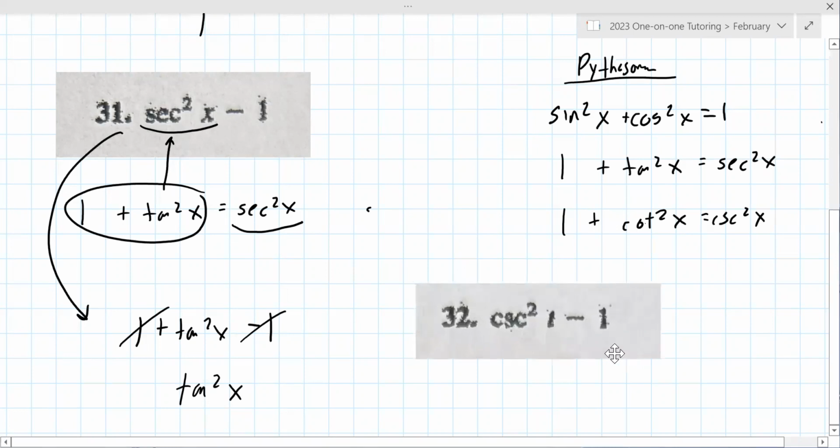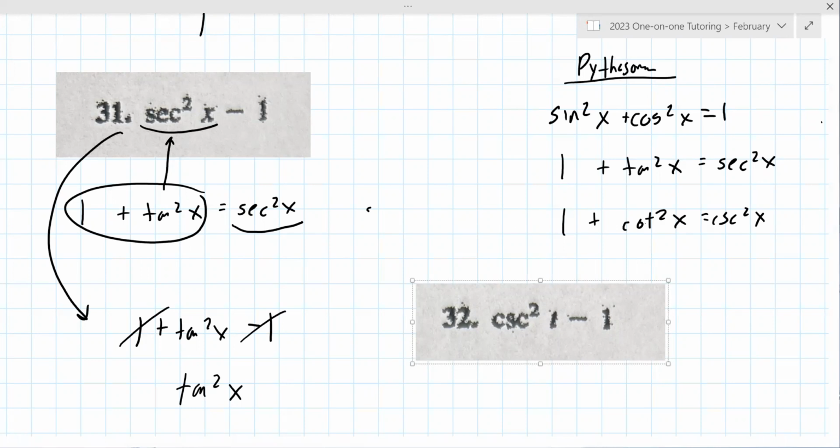You've already got it on your page, but you're going to use that last one there. So this would be cotangent squared t. Yes.